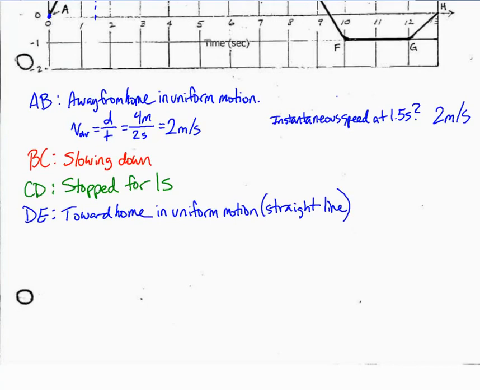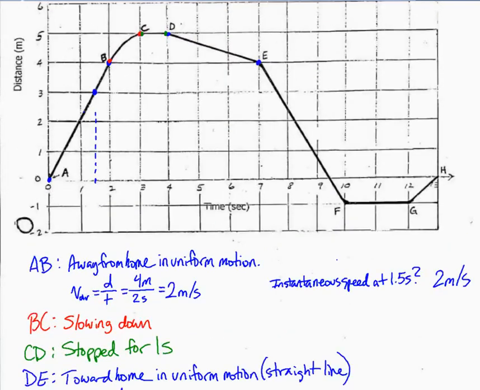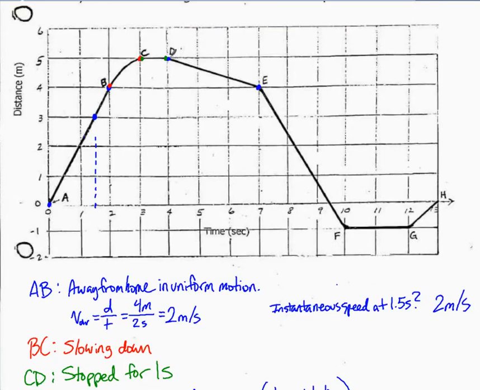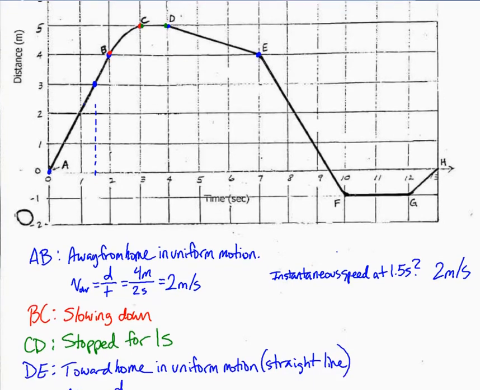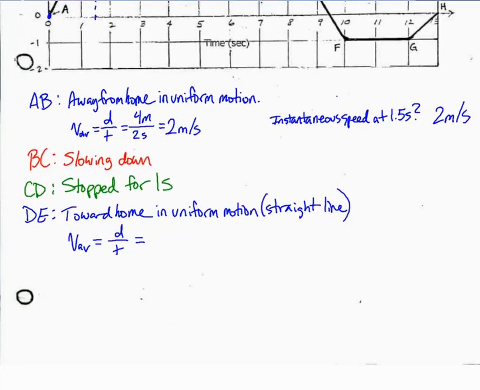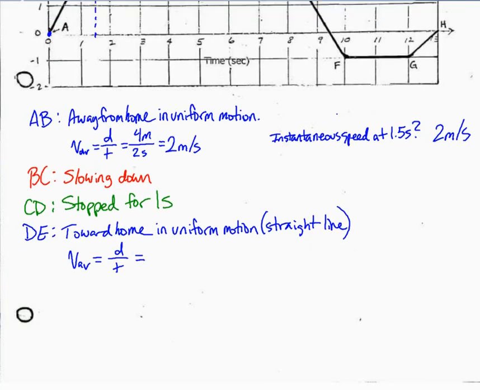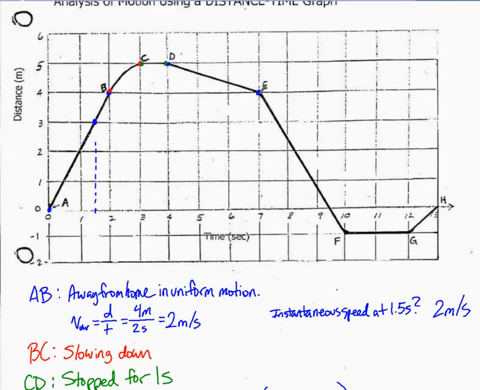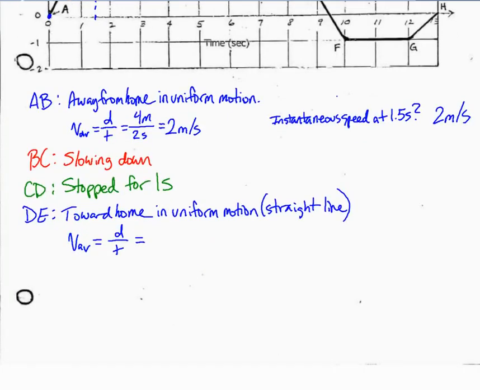We can figure out the average velocity based on the change in distance and the change in time. If we look at the change in distance, that would be y2 minus y1. So we have 4 minus 5.